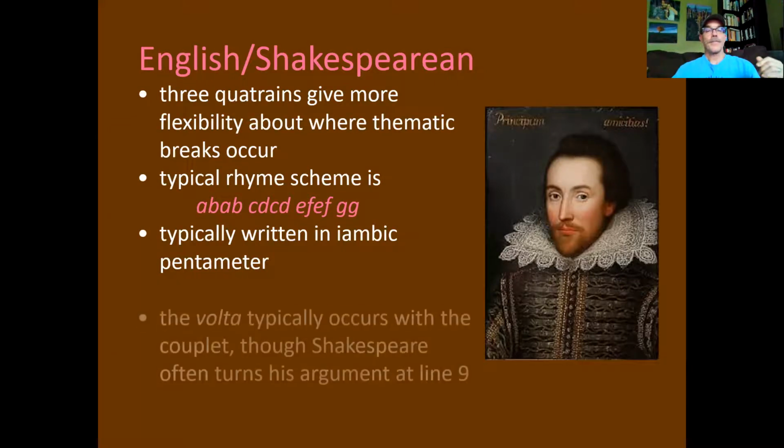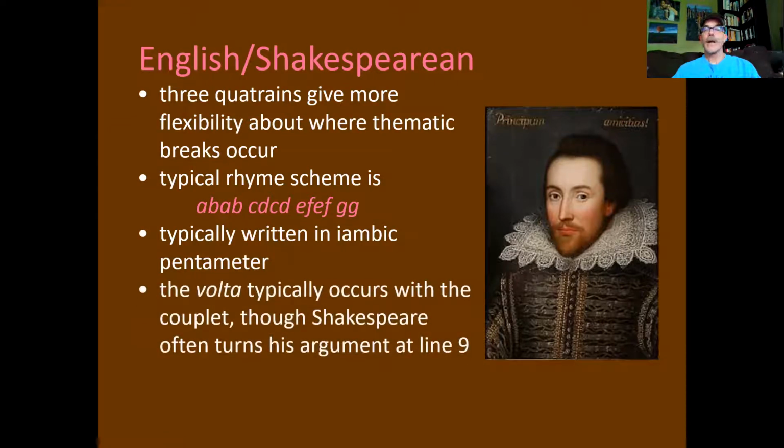The volta typically occurs with the couplet, though Shakespeare often turns his argument at line 9. The turn will quite often come where there is some sort of conjunction, maybe a but or yet. You would also have transitions like however, as a way to shift us into the next part of the poem.